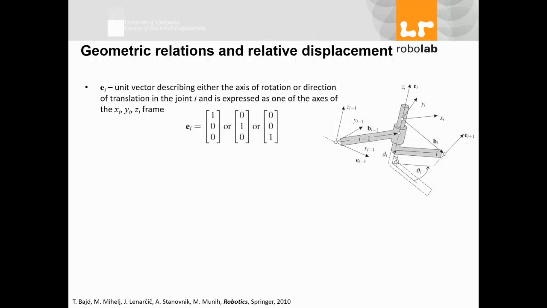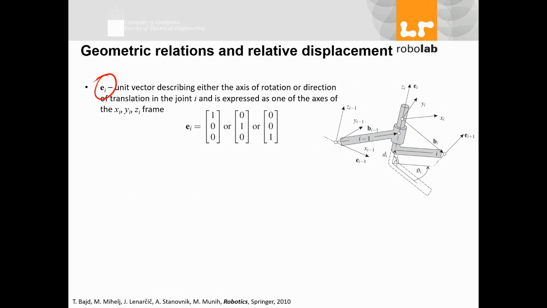Okay, well, regarding E and the coordination system, we try to keep E parallel with one of the axes of our coordination system. We do it in a way that will be parallel either with X or Y or Z.